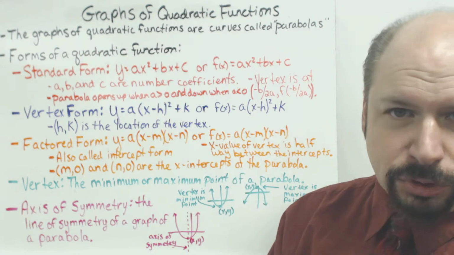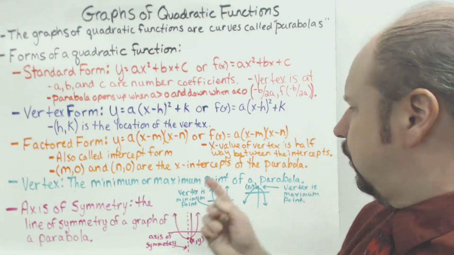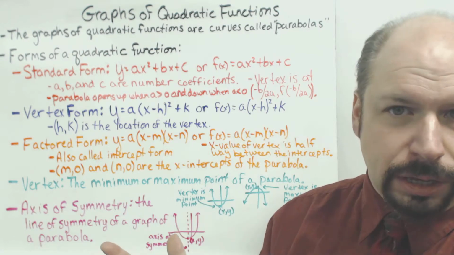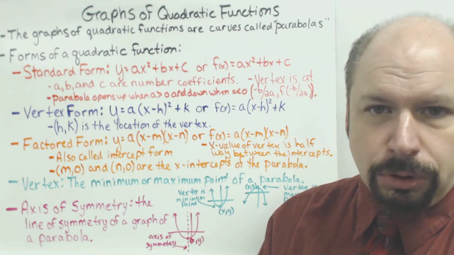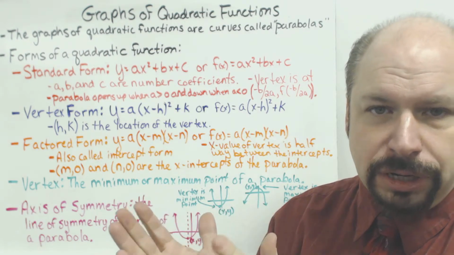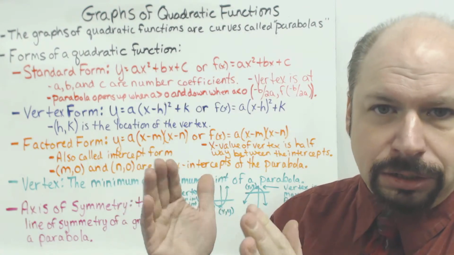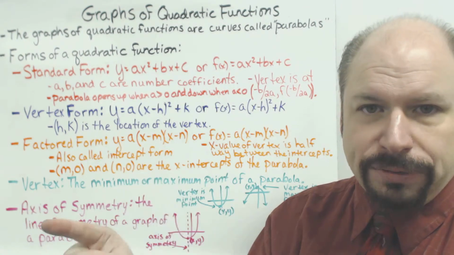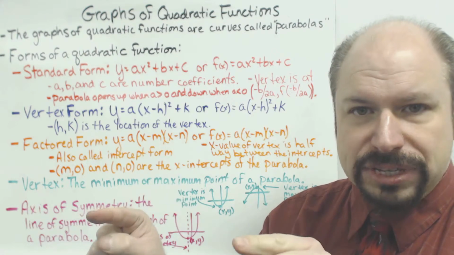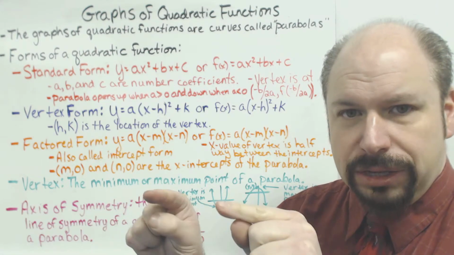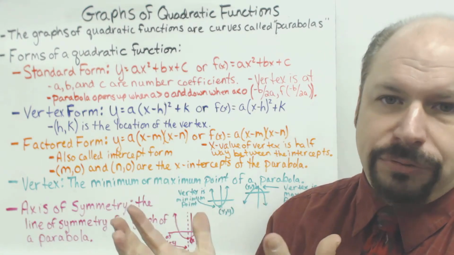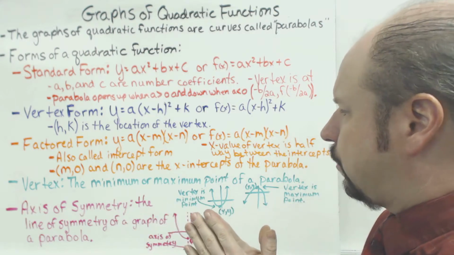The x value of the vertex we talked about is halfway between the two x-intercepts. Remember, we have that axis of symmetry, and our parabola has to be symmetric. And so if we have two points that have the same y value, the axis of symmetry has to be halfway between those two points.